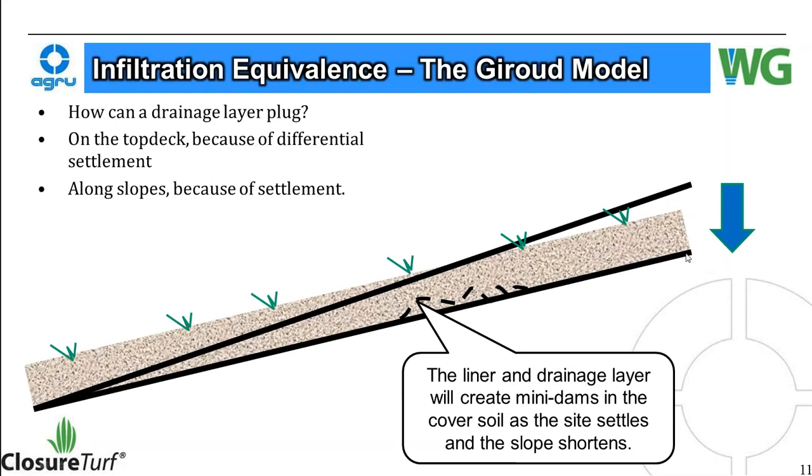So what you're getting in essence is the hypotenuse of this triangle, or the slope length, is shortening. And all that liner and drainage layer has to go somewhere, so it'll start to bunch up into that overlying soil layer and create these mini dams within the cover system, which then creates saturated conditions and higher hydraulic head on the liner than you would normally expect.